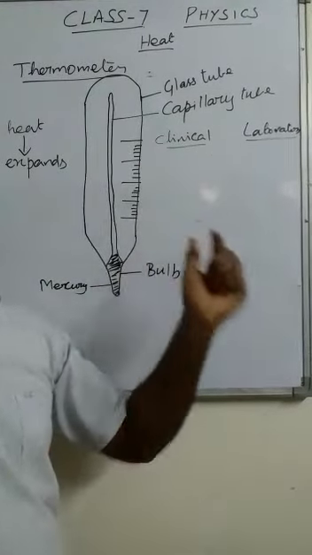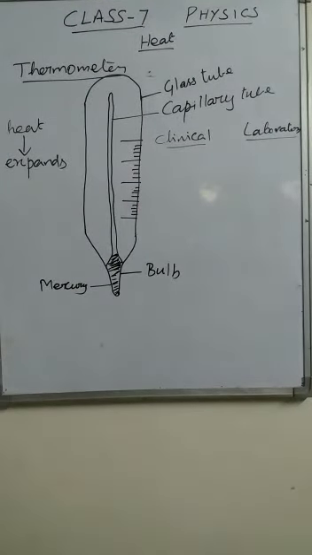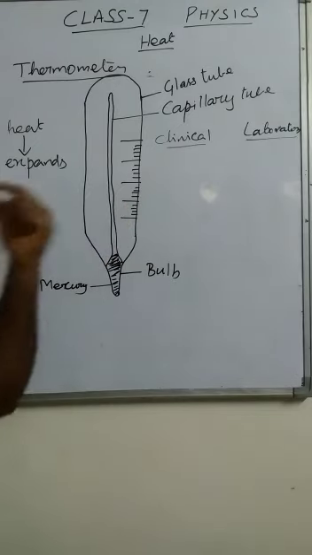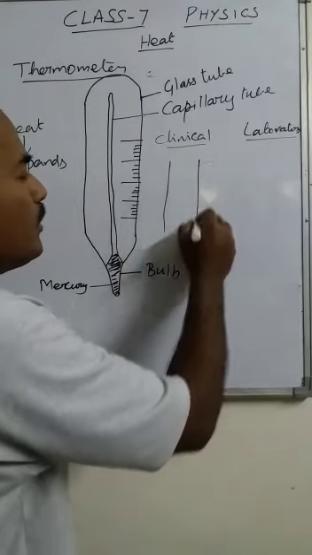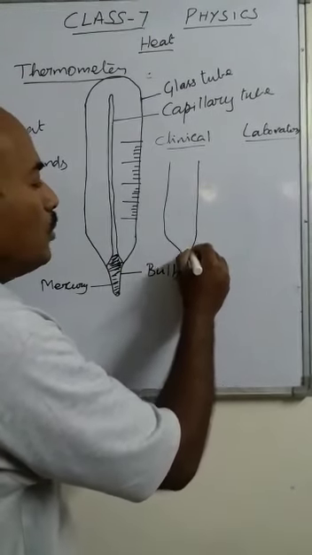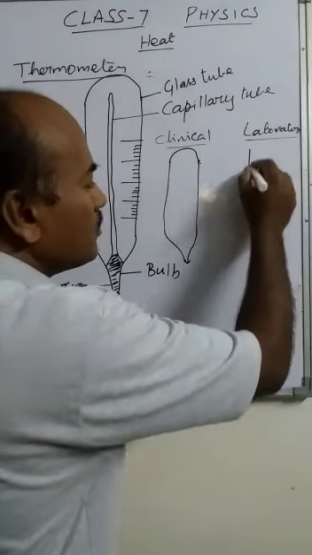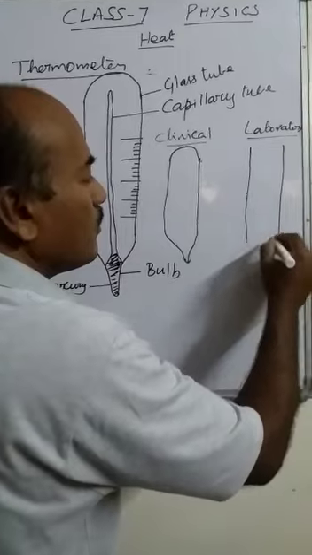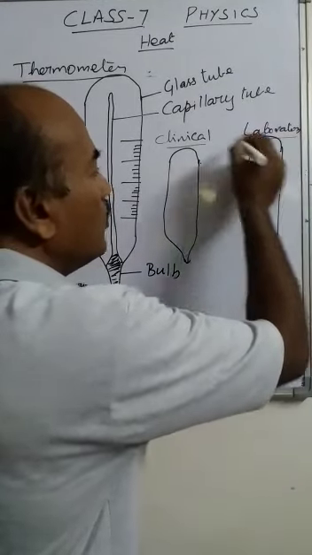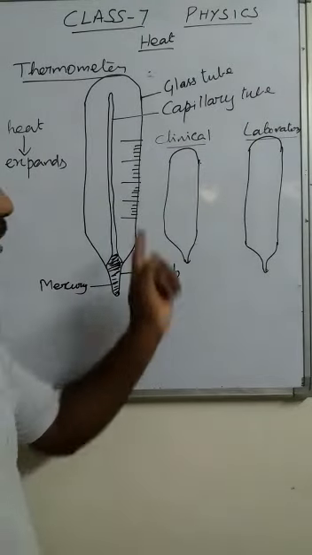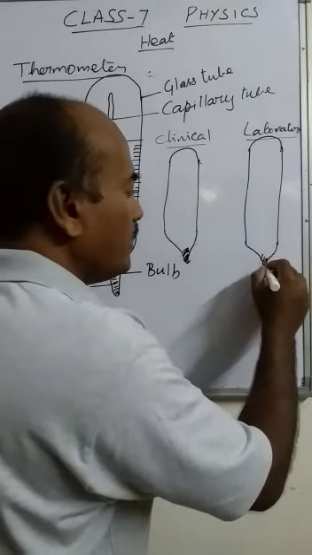In the construction of these two thermometers, there are some differences. But in the general construction, both thermometers have the glass tube. Both have a bulb. Both have a capillary tube. Both are the same. Both have the glass tube filled with mercury, with a bulb filled with mercury.